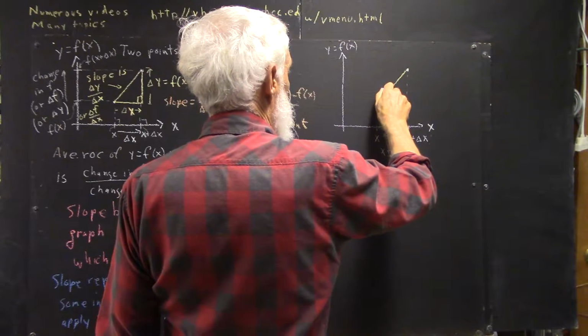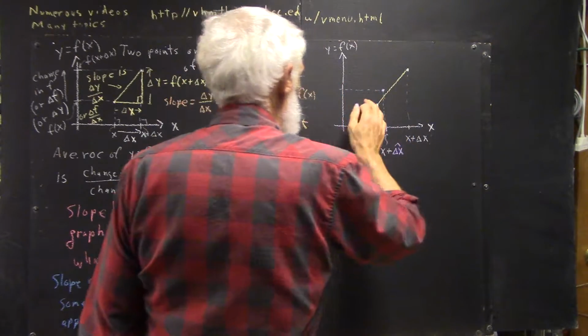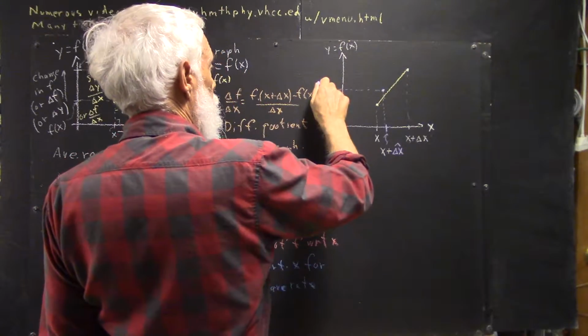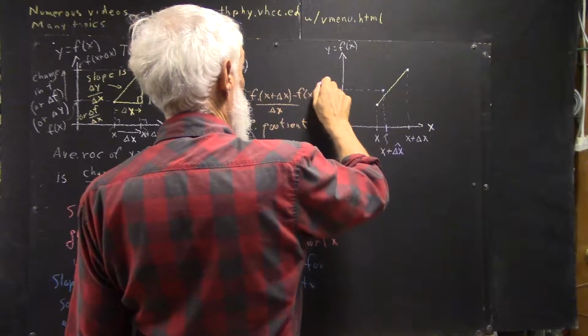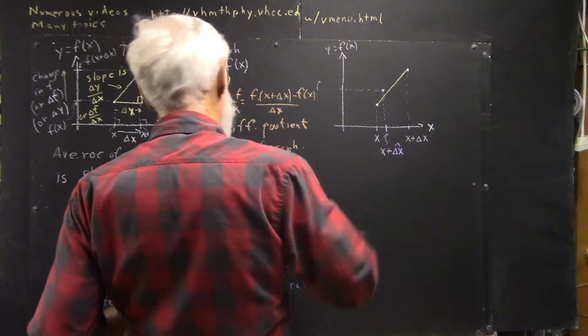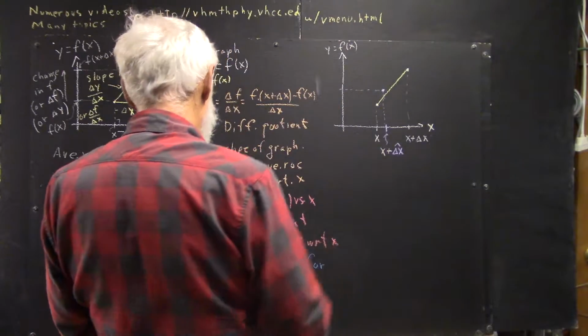So I'm going to say, okay, let's say now that we have a point here, and of course then if this is a point on our graph, then right here we have f of x plus delta x hat.